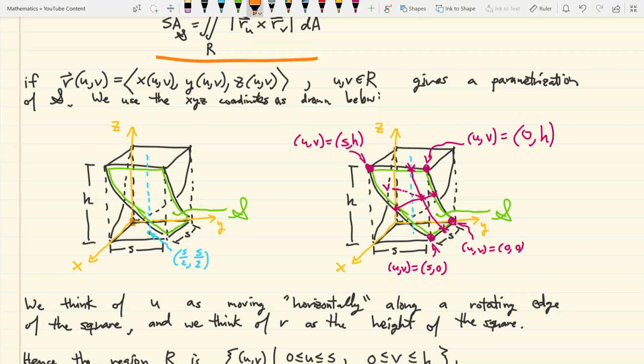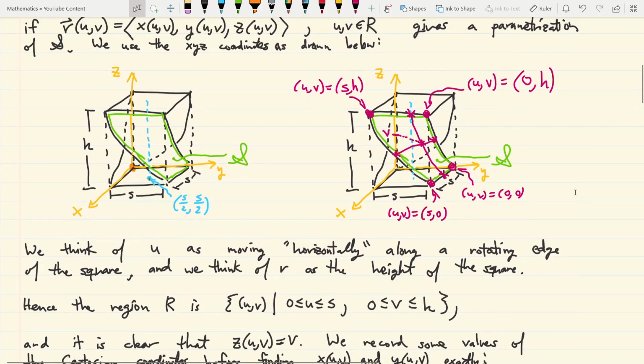So on the right, I have drawn a few coordinates in different colors. In the purple here, these are the UV coordinates. And I suppose I didn't draw the XY coordinates, but you can see the yellow XYZ axis. Okay, so down here is UV equals 0, 0.